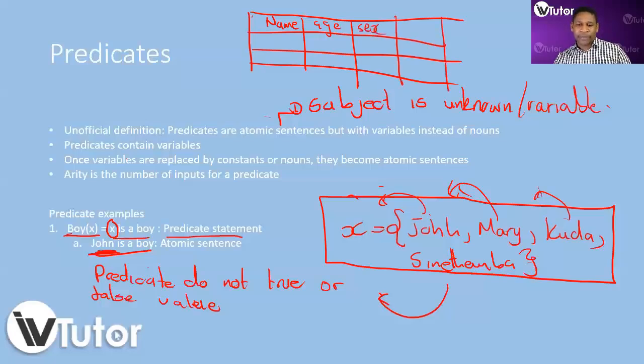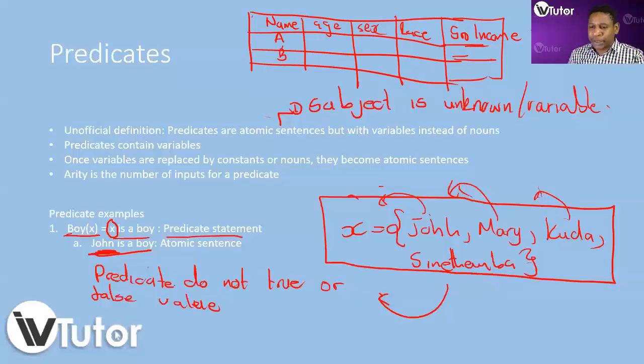You're going to have, say, race, right? And you're going to have, say, gross salary or monthly income. Let's say it's income, right? So we've got A and B.